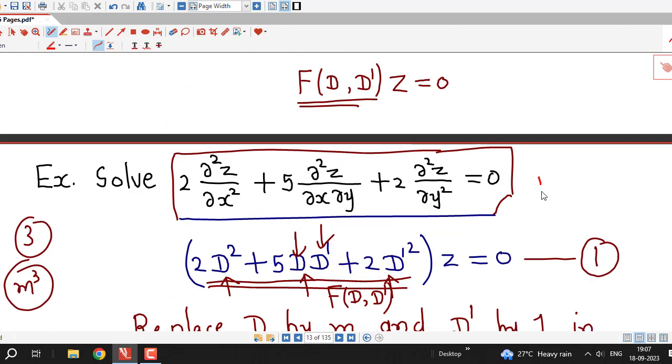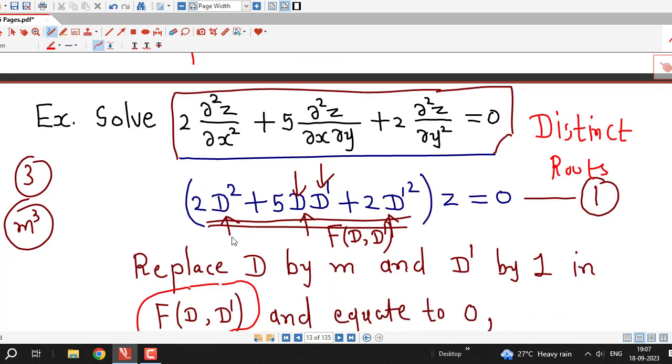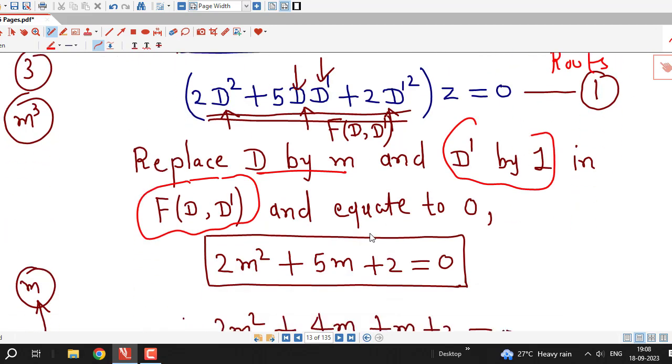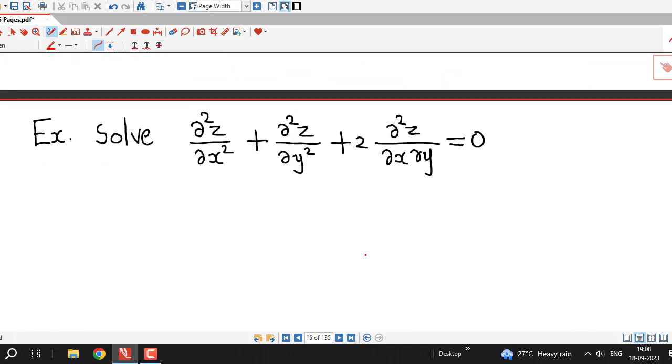In case of distinct roots, we will have a ready-made formula for the general solution, and that formula contains functions of this type: arbitrary function of y plus m into x, where m is a root of the auxiliary equation which we obtain by replacing capital D by small m and D dash by 1 in capital F of D, D dash and equate it to 0.